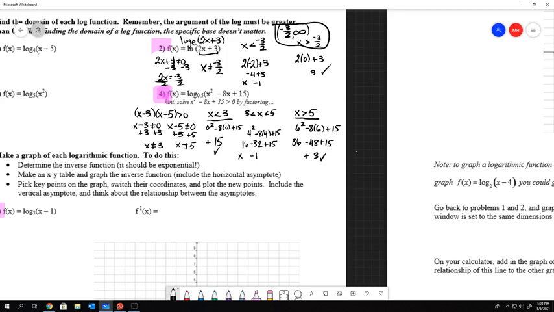So we have 2 places where this works. And I can use these 2 inequality notations, or I can write one interval notation and say this is negative infinity to 3 union 5 to infinity. So everything smaller than 3, everything bigger than 5.